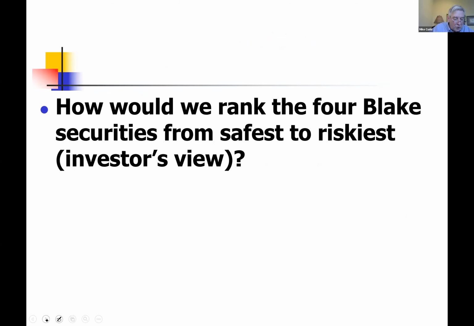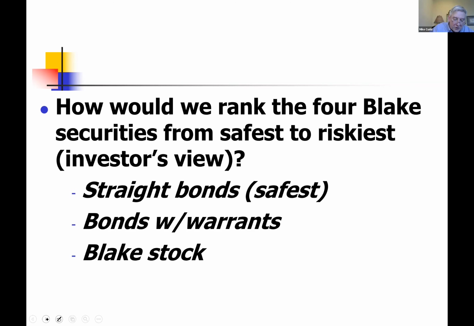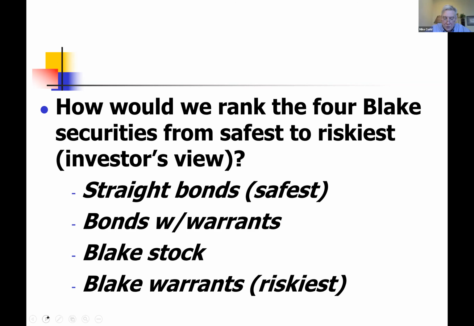So we're looking at 4 types of securities. Straight bonds, which would be the safest. Bonds with warrants are sort of a mix of bonds and equity, so they're a little bit higher in risk. Stock is even higher in risk, and pure warrants are the riskiest.